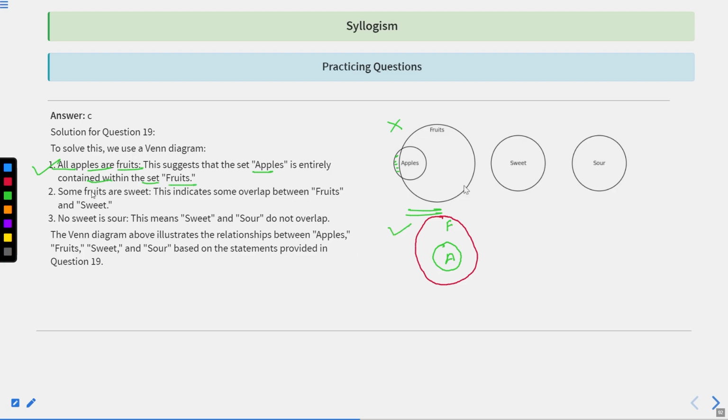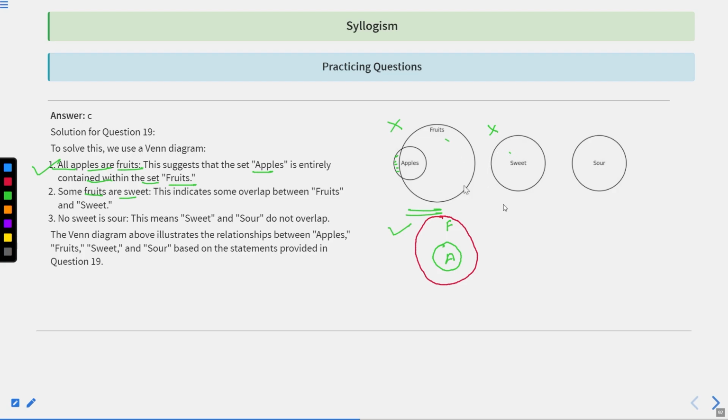Now some fruits are sweet. Some fruits are sweet, so there should be an intersection. So again, the second Venn diagram, which is suggesting the relation between fruits and sweets, is not correct, because this particular Venn diagram is suggesting what, my dear students?